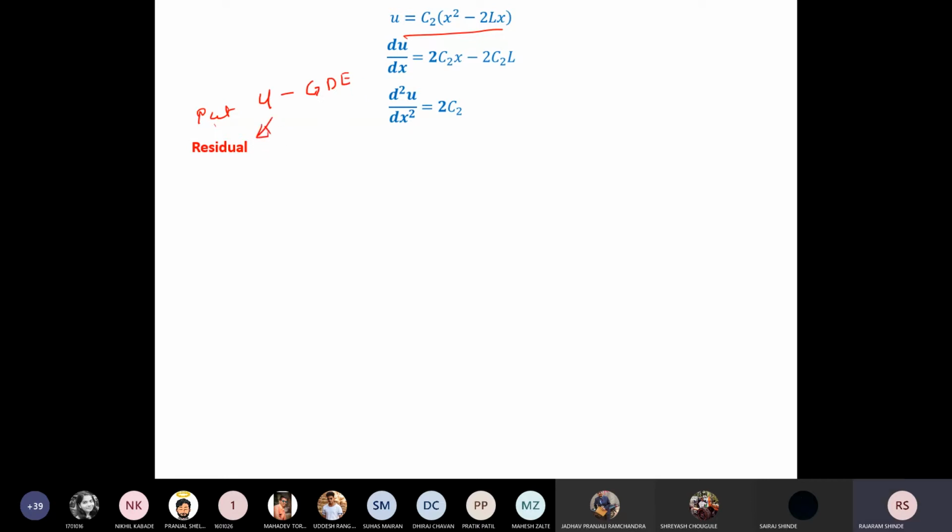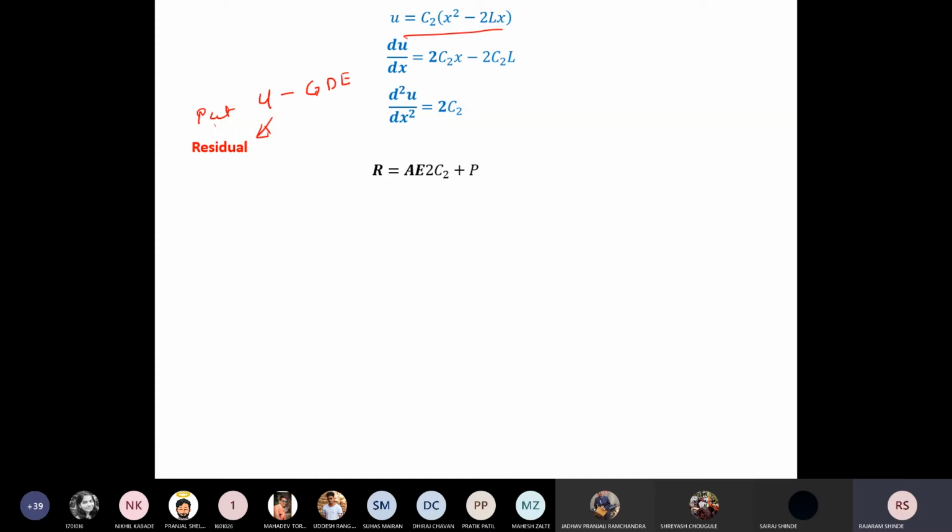Now for calculation of the residual, I have used this d2u by dx square in the governing differential equation. It becomes AE 2c2 plus p is equal to residual.